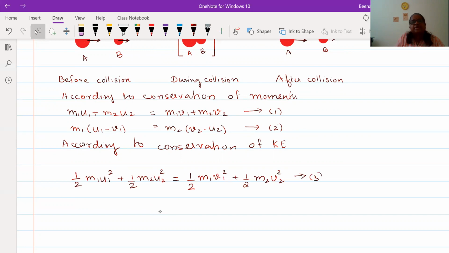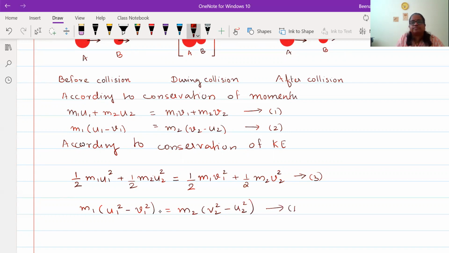This equation we can name as equation number 3, and we can see the half can be cancelled. I'm rearranging it just like the way we did in equation number 2, taking the terms of m1 to one side. So this becomes m1 into (u1 square minus v1 square) is equal to m2 into (v2 square minus u2 square). Let this be equation number 4.